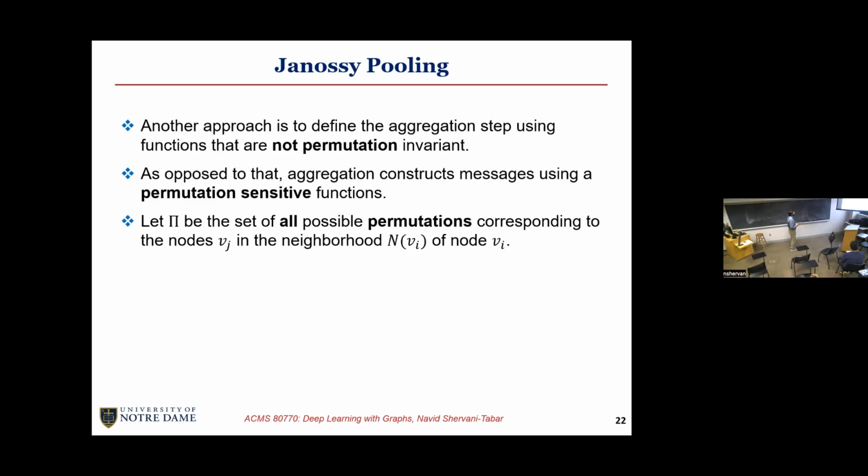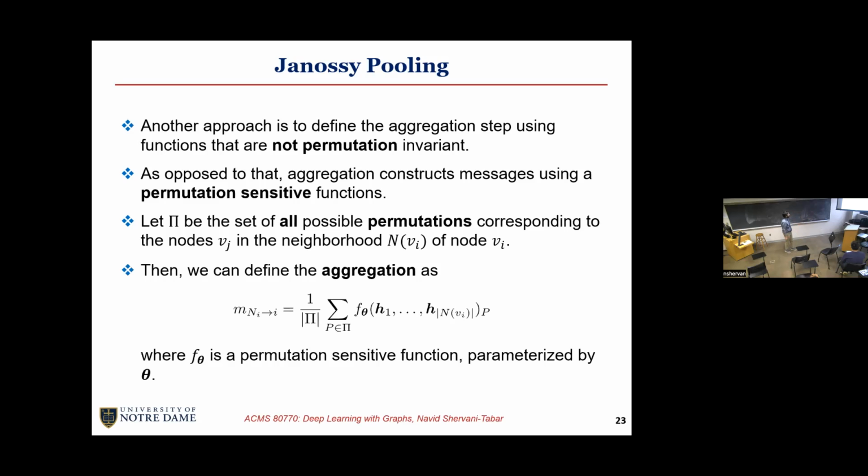So let's look at the mathematics behind that. Let's say that we have permutation P, and we construct a set of all possible permutations using pi, right? So this is the set of all possible permutations for the neighboring nodes of a given node Vi, right? So the Vjs can have different orders, and that's the set of those orders.